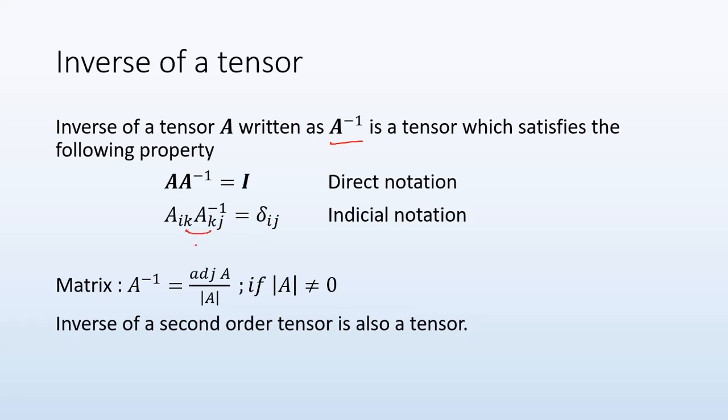See, this has to be the same. And in matrix formation, you know how to find the inverse of a matrix, right? The adjoint of A divided by the determinant of A. When the determinant of A is equal to 0, this means that the inverse doesn't exist. It exists only for the determinant not equal to 0. So the inverse of a second order tensor is also a second order tensor.